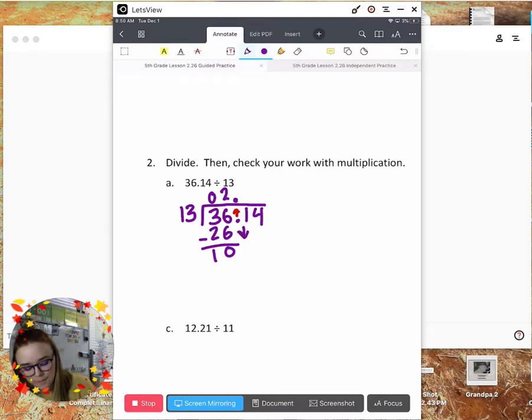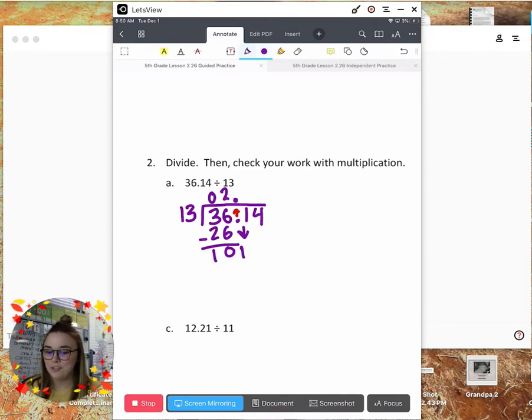Then I'm going to drop my 1 down, and I have 13 into 101. So I need to figure out how many times 13 is going to go into 101. So let's try, if we think about it, 10 to 100, I know 10 can go into 100 10 times, but 10 is going to be too much for 13, right?